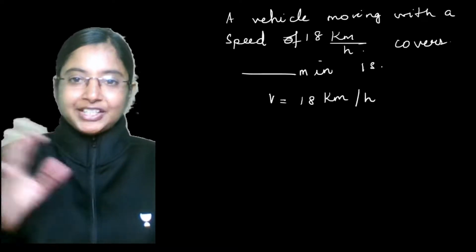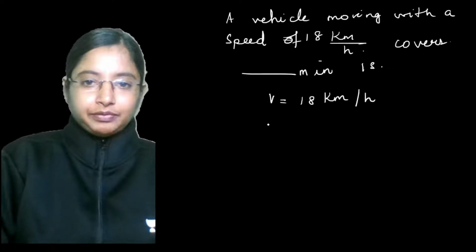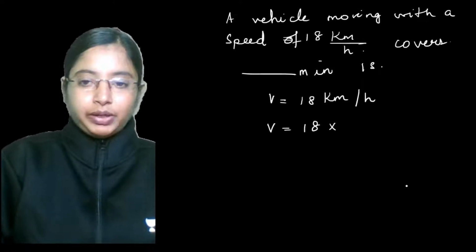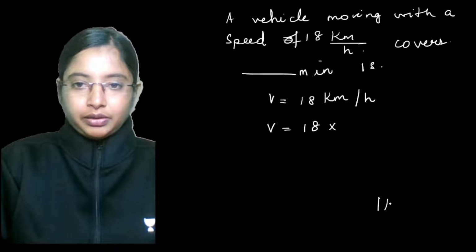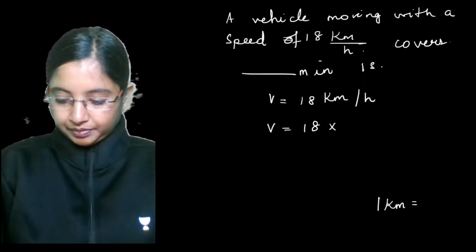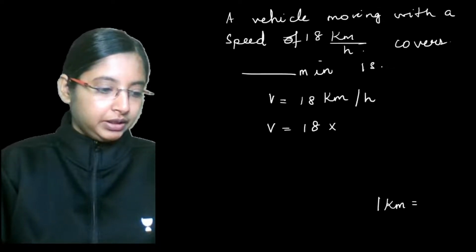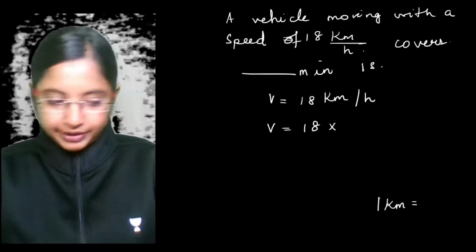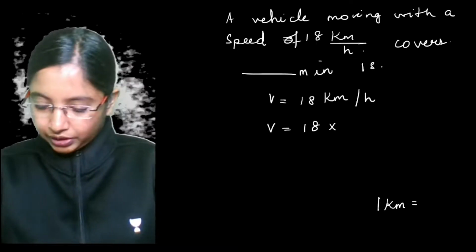Let's try and express this in meters and time first. This will be 18 into, how many kilometers is 1 meter? 5 meter per second, Prema, the numerical quantity you got is right.